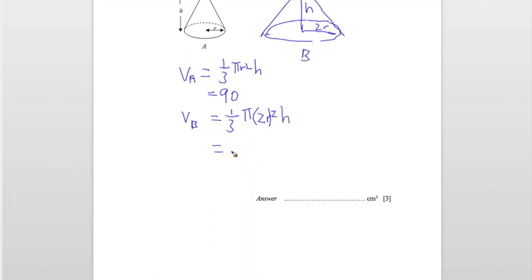Right, so when we work it out and we take out the 4, we have 4 multiplied by 1/3 pi r squared h, which is actually the volume of cone A. So the volume of cone B is therefore 4 times 90, which is 360.